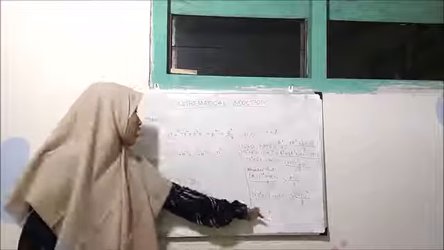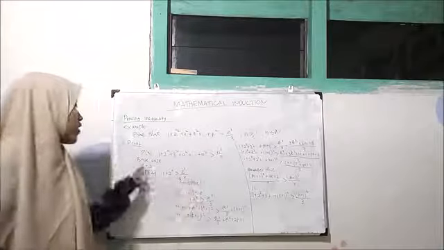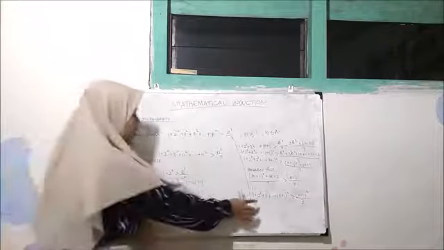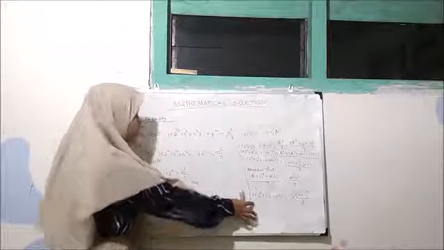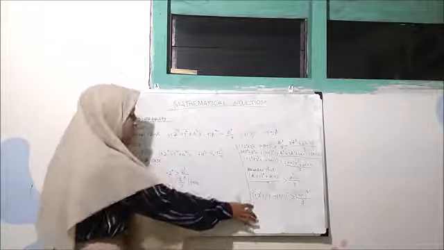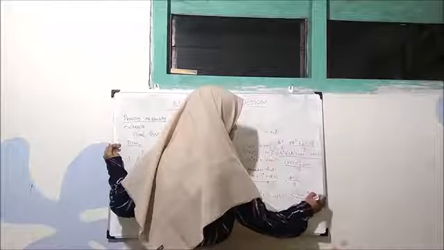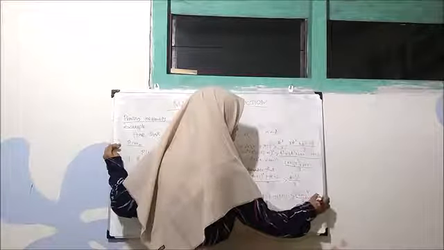Look at this inequality. If Pn is like this and this inequality is like this, then this is Pk plus 1.